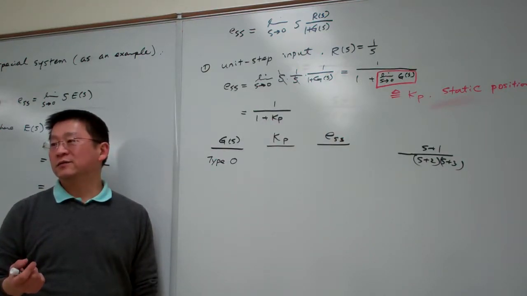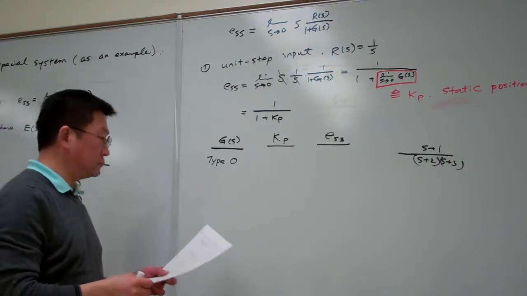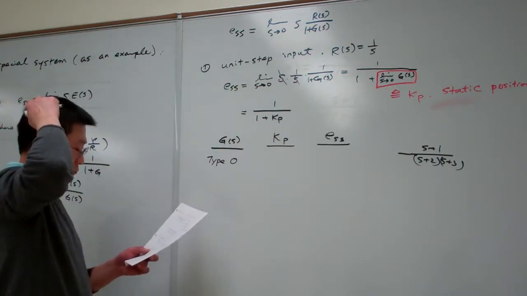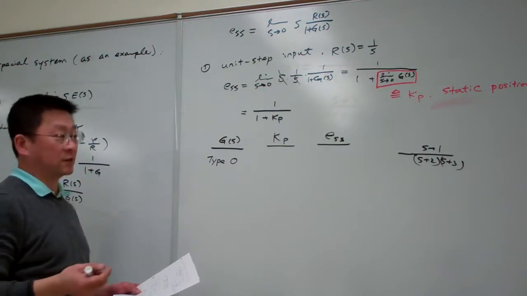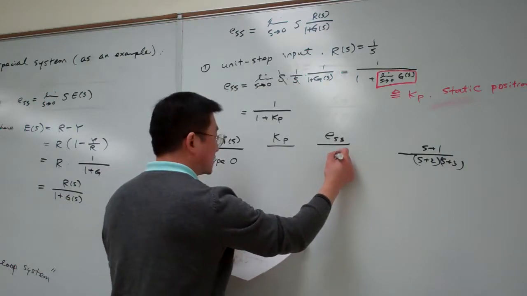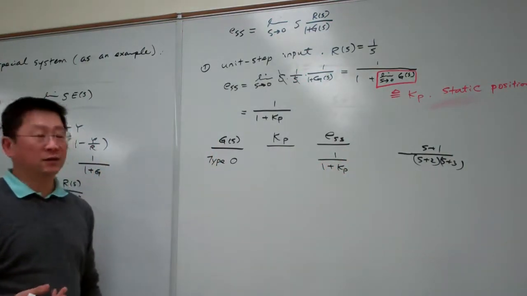Sometimes it could be 0, sometimes it could be a constant, depending on the terms. So I would say ESS is simply 1 over 1 plus Kp, depending on the conditions.